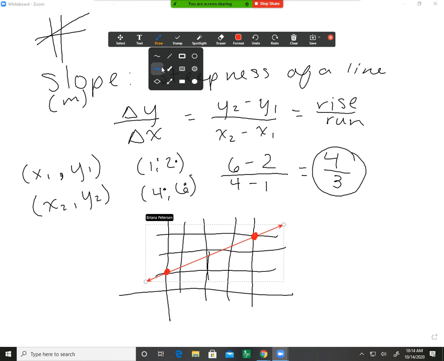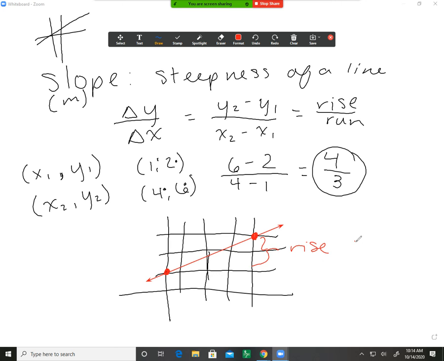Our rise, what are we talking about with our rise? That's our change in y, right? Our rise is going up and down. So this right here is our rise. Are we going up or down? Up. How many are we going up? 2. So our rise is a positive 2.